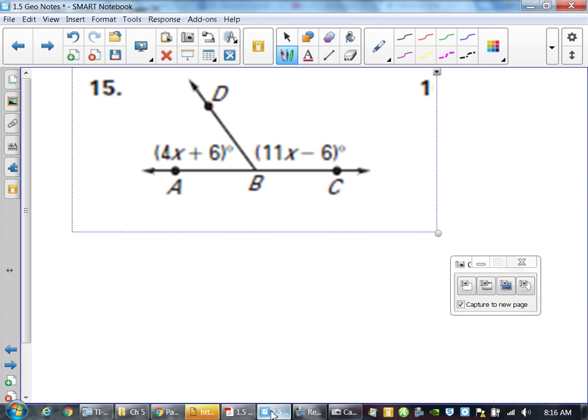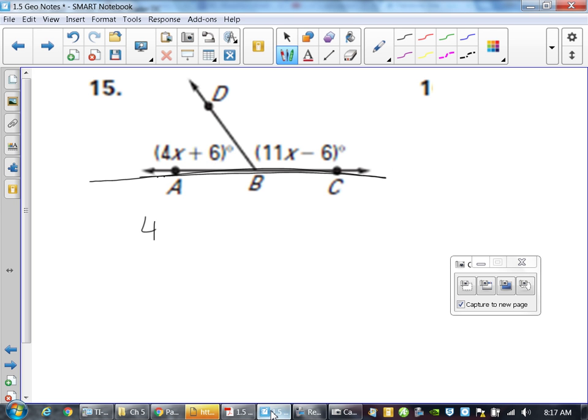It doesn't say they're congruent, doesn't say it's bisected. Because they form a line. They're a linear pair. Therefore, what do the 2 angles have to add up to equal? 180. There's the algebra. Recognize that you have a line, which means they're a linear pair.